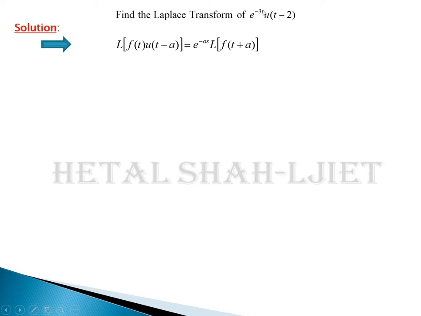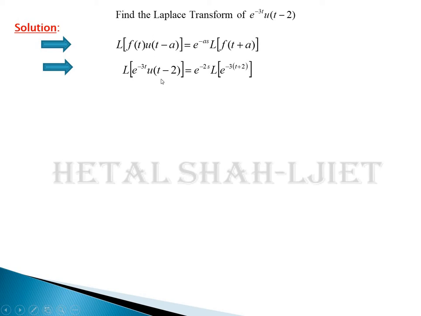So when you apply this formula to this example, it is e raised to minus as, and your a is 2, so e raised to minus 2s, and the Laplace of the function f(t plus a). So what is your f(t plus a)? Your f(t) is e raised to minus 3t, and f(t plus a) is e raised to minus 3(t plus 2).